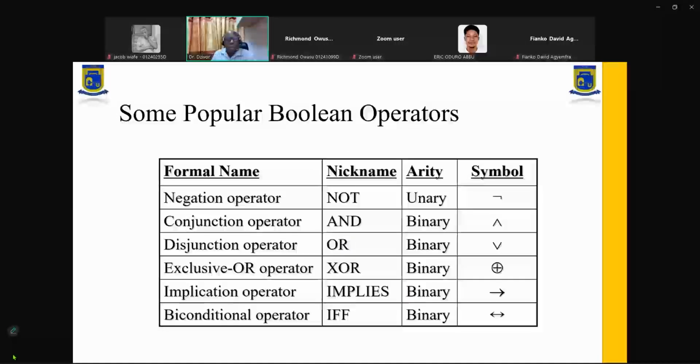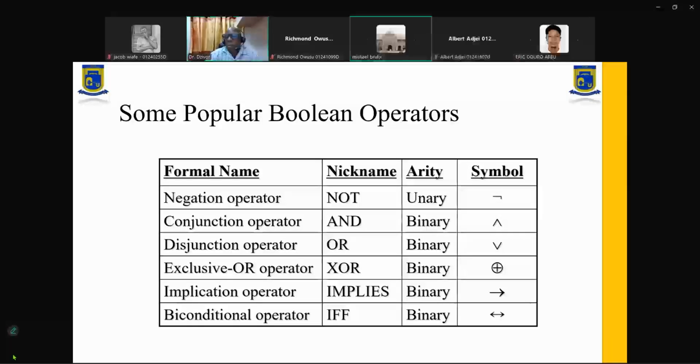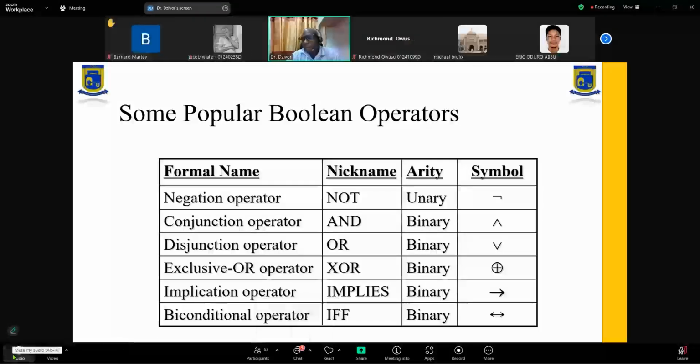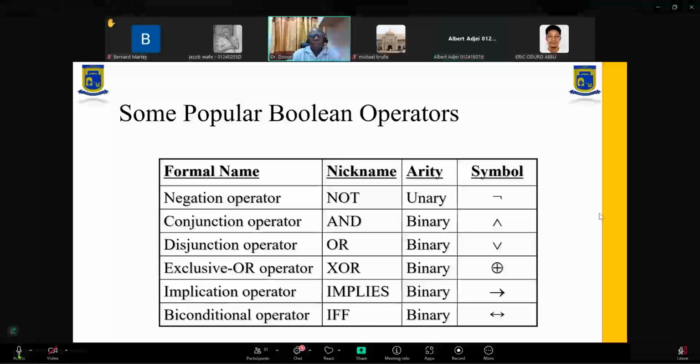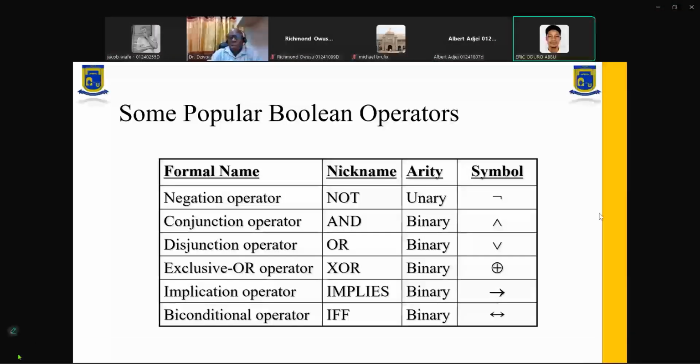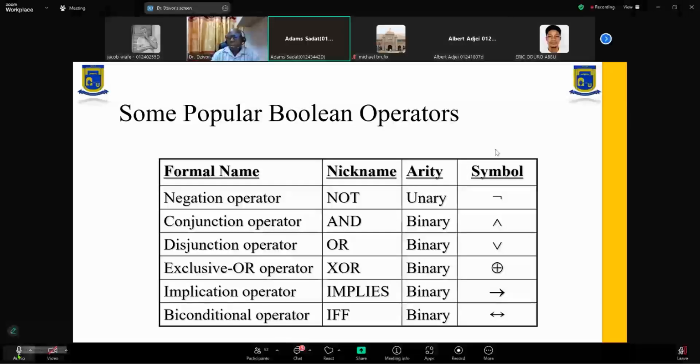So let's look at some connectives here. What are the connectives you see here? What are the operational logical signs you see here? Not, and, or, XOR.